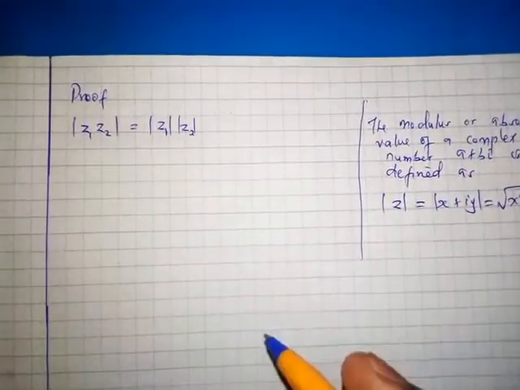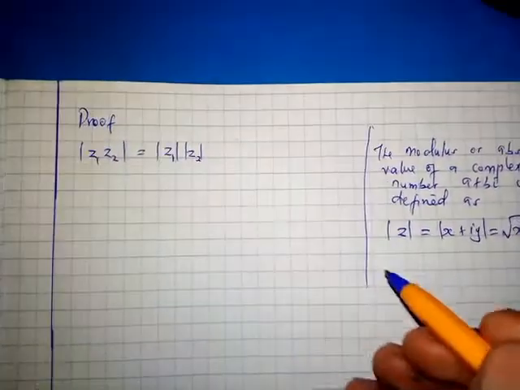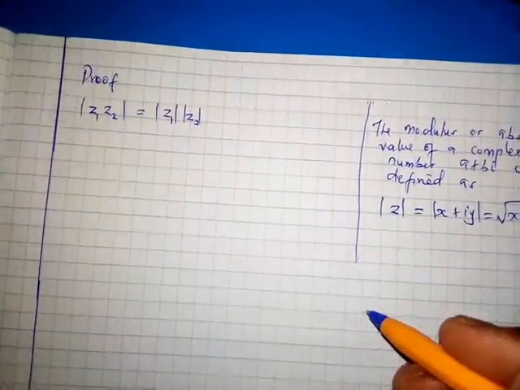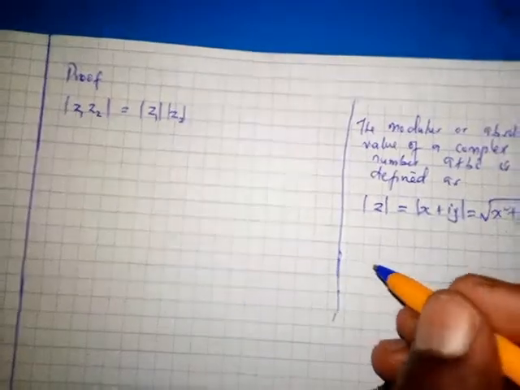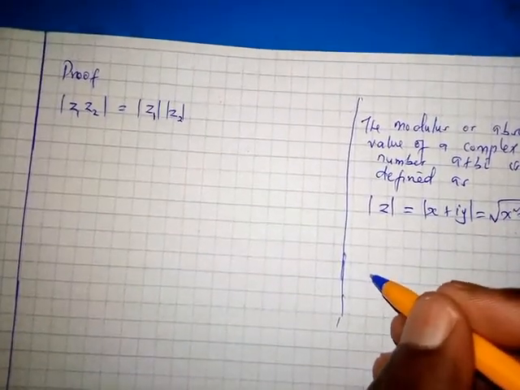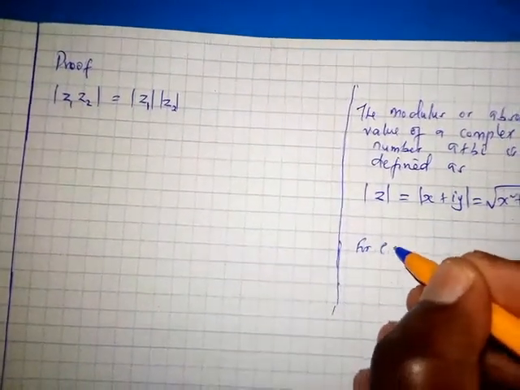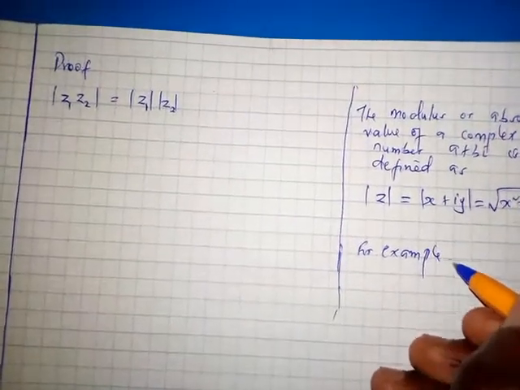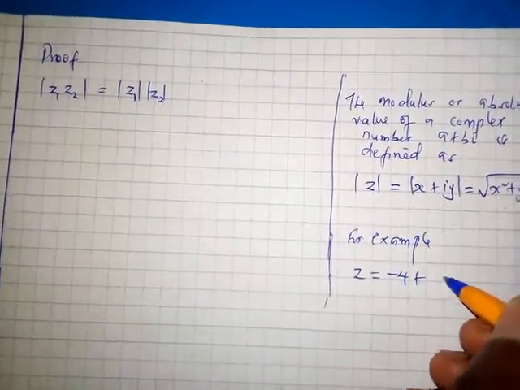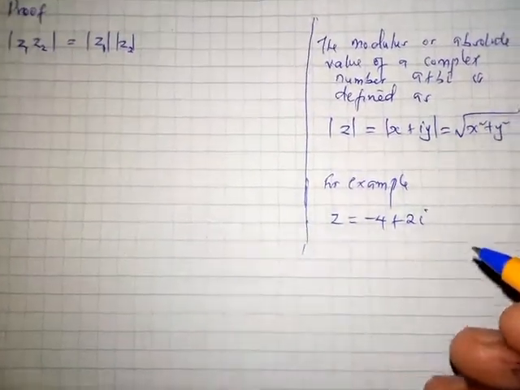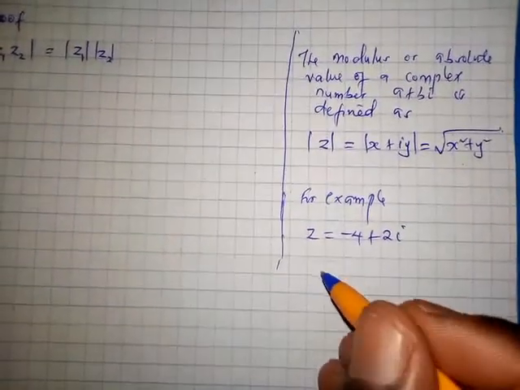For example, if we are given a complex number z equals -4 plus 2i, and we are asked to find the modulus of this.